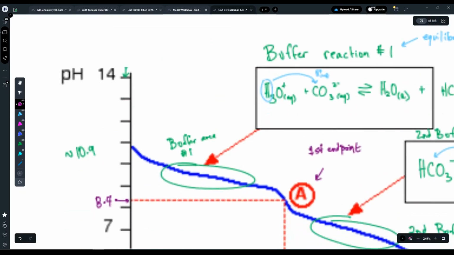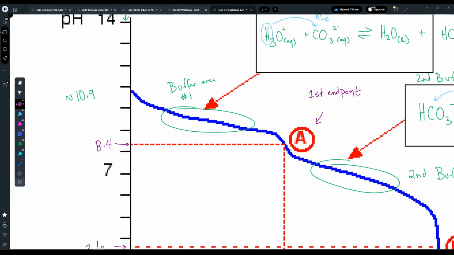Okay, so our pH curve, or our titration, started out at a pH of 10.9, and the first endpoint we said occurs at a pH of 8.4.